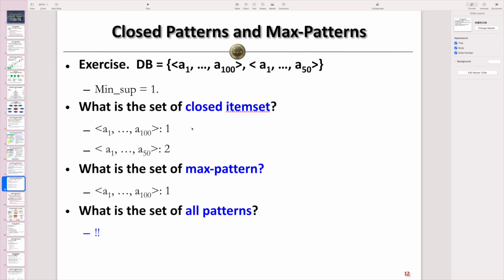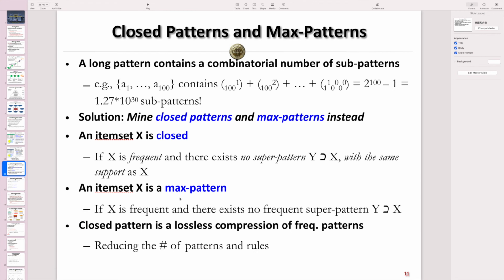How about the max pattern? We can only find one single max pattern for this example, and it will be A1 to A100. According to the definition, X is a max pattern if X is frequent, which is the first requirement, and the second requirement is that there exists no super pattern of X which is also frequent.